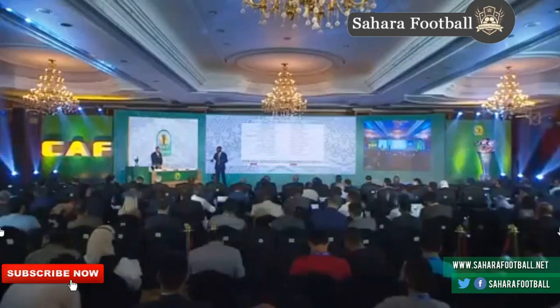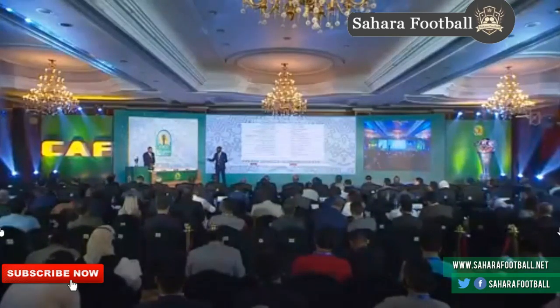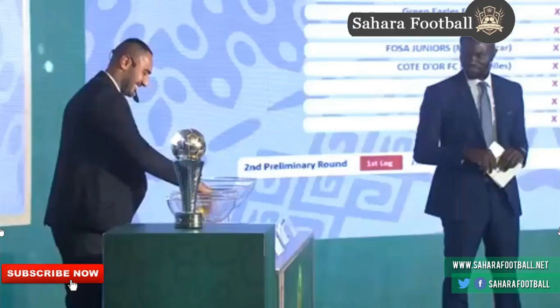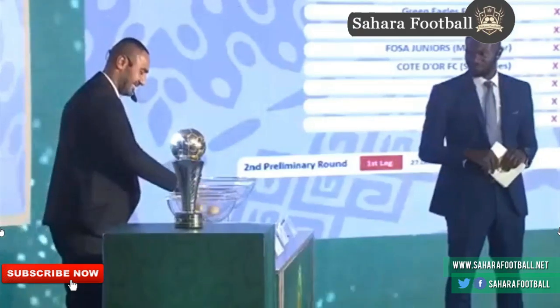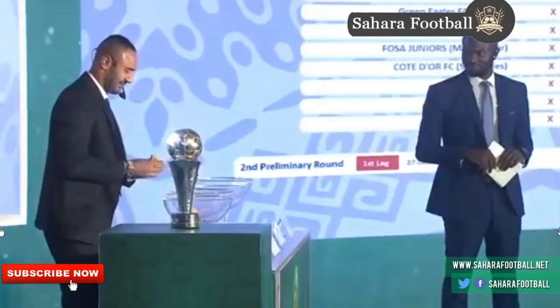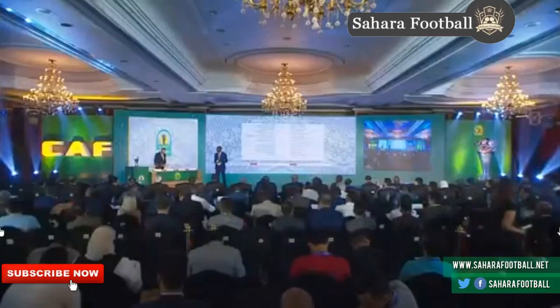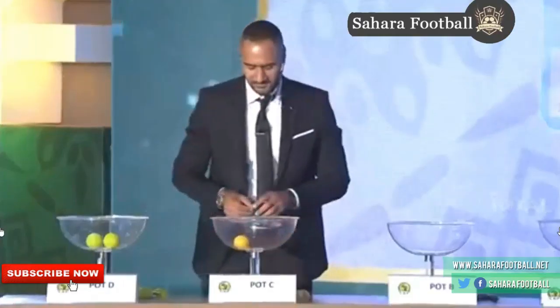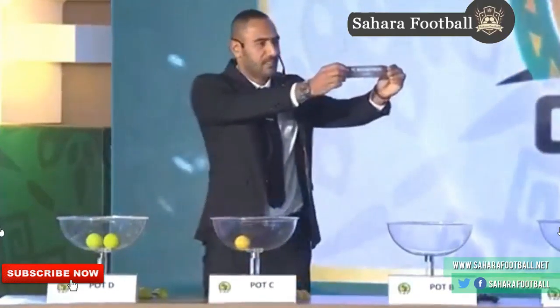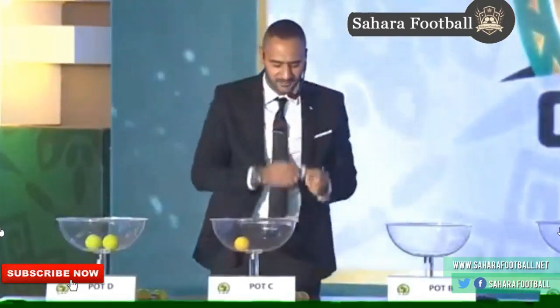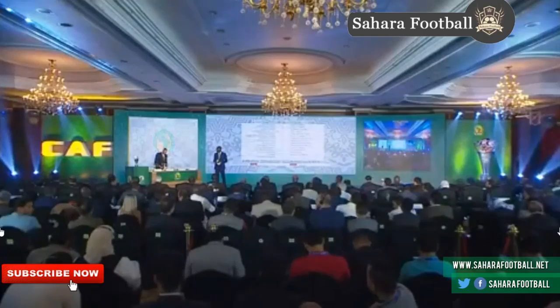So now down to the last four teams, and we'll start from Pot C, which are the non-seeded teams from the Confederation Cup. FC Nouadhibou from Mauritania, first time at this stage of the competition.